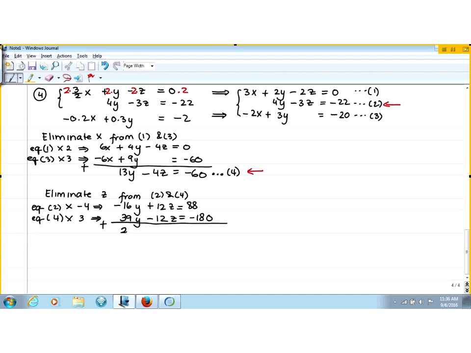So what am I left with? 23y is equal to -92. Okay, so what is y? Divide by 23 both sides, y is equal to -4.